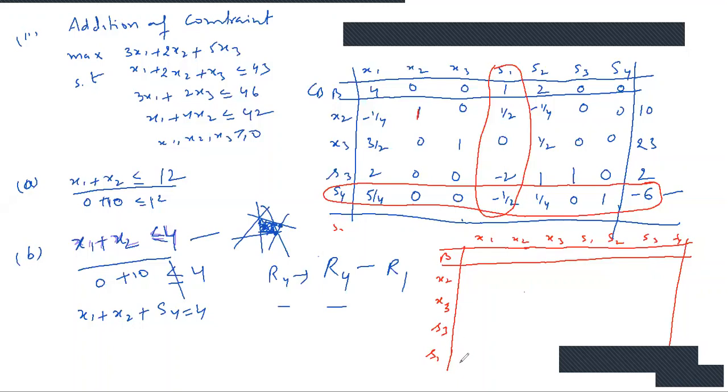So you divide the last row by 1 by 2. What I'm getting here is minus 5 by 2. The last one is 0, 0, 1, minus 1 by 2, 0, minus 2, and multiplying by 2 gives 12.